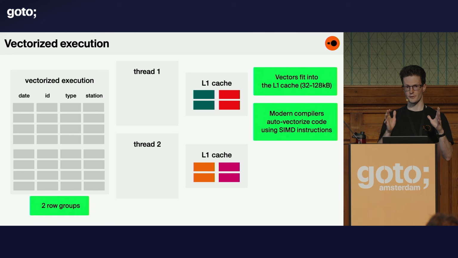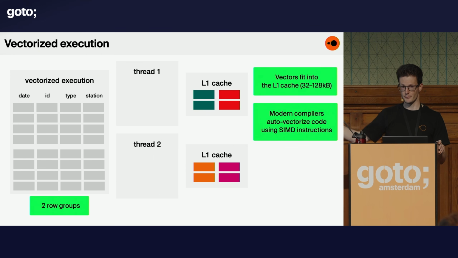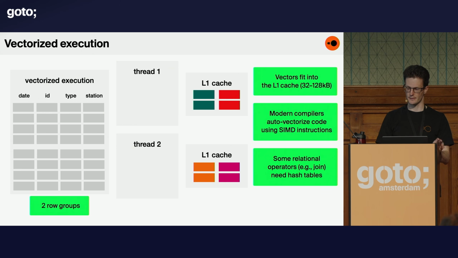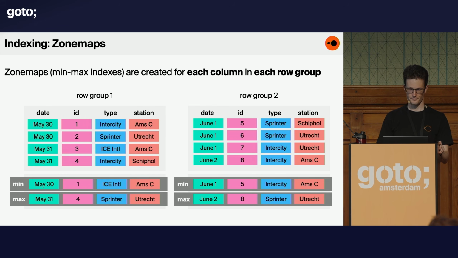So if you write code in a way where you use tight for loops, there are no branches in the code, and even when there are, they are made out of the for loops, the compiler will be able to create code that is using SIMD instructions, and that will allow you to get the best performance of the CPU while maintaining portability. And of course, things are not as simple as on this slide. Sometimes you have to build some hash tables, do some larger state in memory, but this is the key idea that allows DuckDB to be fast.